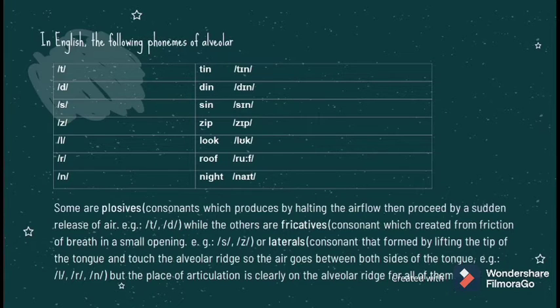Plosive is a consonant produced by holding the airflow and then a sudden release of air, such as T and D, while the others are fricative, which is a consonant created from friction of breath in a small opening, such as S and Z. Or lateral consonants are formed by lifting the tip of the tongue to touch the alveolar ridge so the air goes between both sides of the tongue, such as in L, R, and N. But the place of articulation is clearly on the alveolar ridge for all of them.